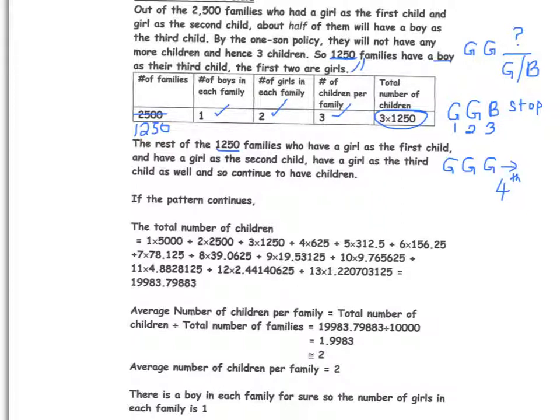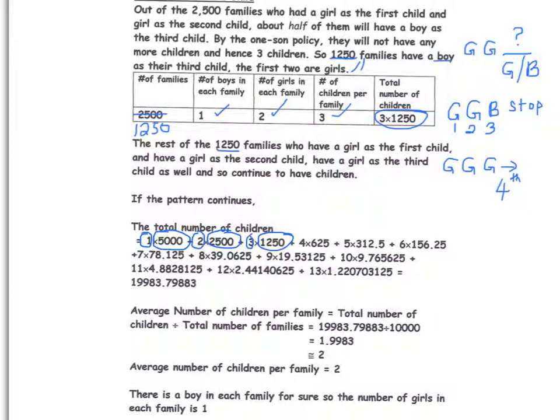and you'll notice that each time we're taking half of the previous number. So half of 5,000 is 2,500, half of 2,500 is 1,250. That we're looking at the second number, and it's multiplied with a number that's increasing by 1. So we have 1 child, 2 children, 3 children.